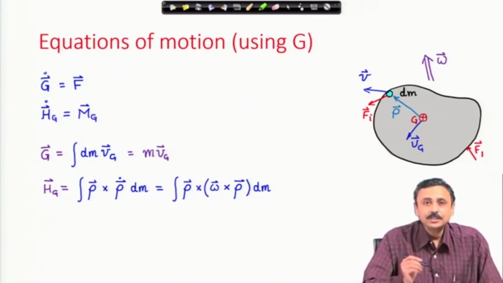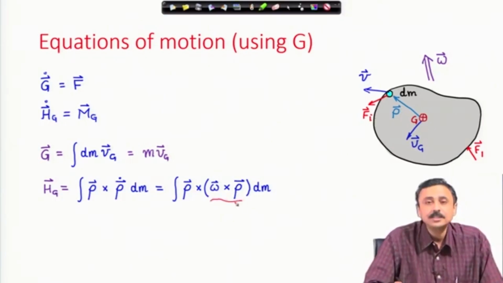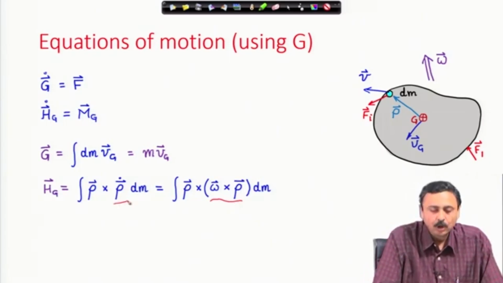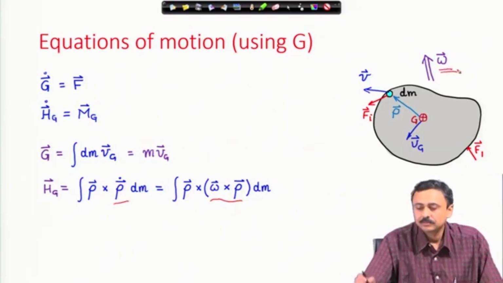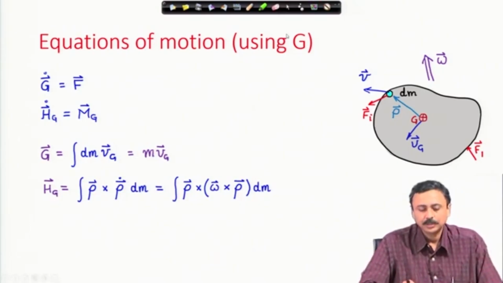And for rigid bodies, it is very important, as we have been discussing in many of the past lectures, that rho vector dot is nothing but omega cross rho, where now I can define omega for a rigid body. Rho dot is omega cross rho.